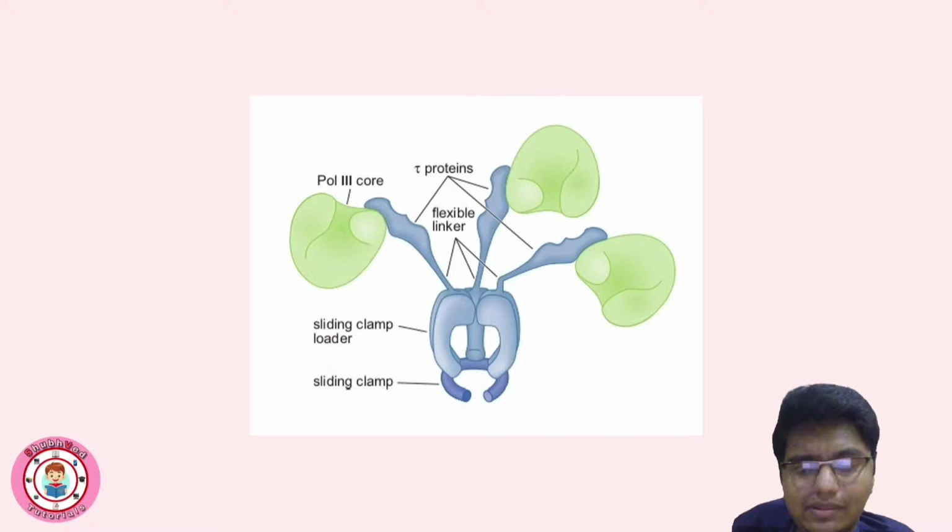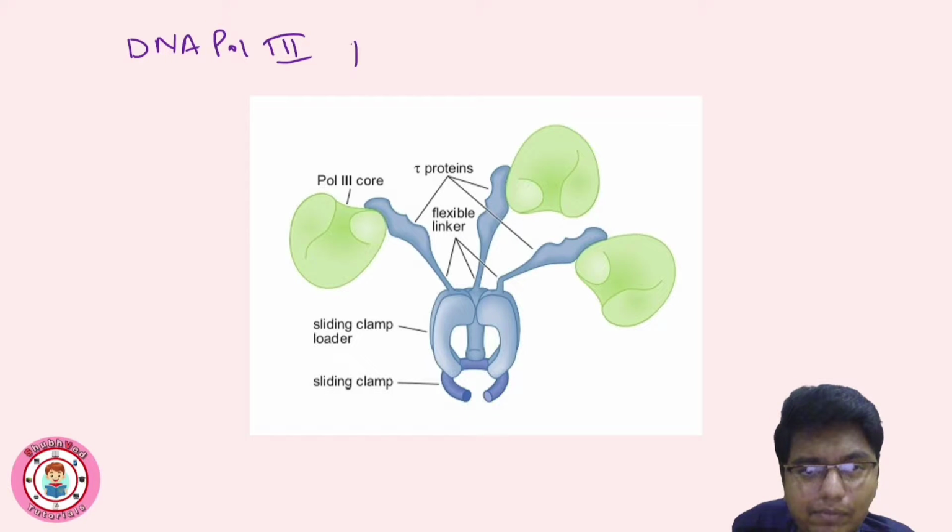Of these types of polymerases, the third one, polymerase 3, is known as a multi-subunit complex. It requires a lot of factors with it to function. DNA polymerase 3 is the main primary enzyme for DNA replication.